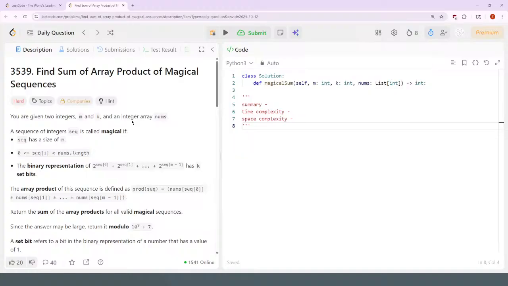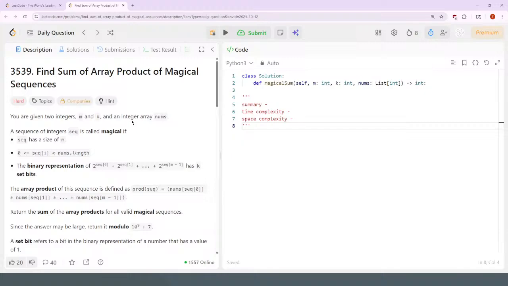The array product of the sequence is defined as product of the sequence equals nums of sequence of 0 times nums at sequence of 1, and so on.